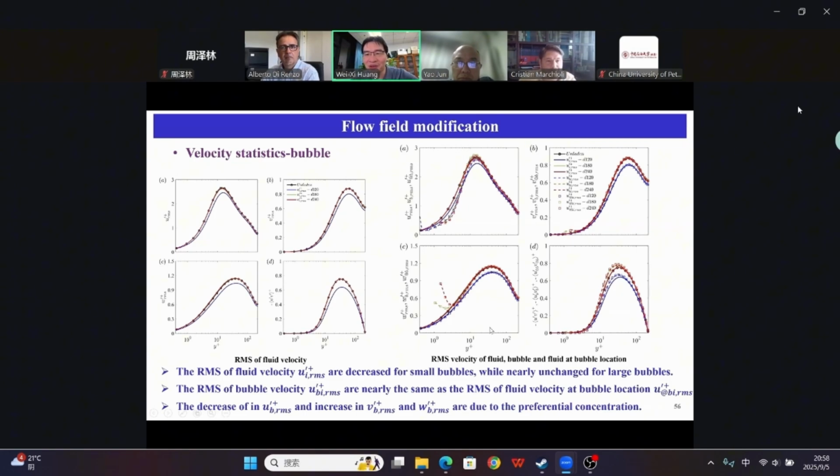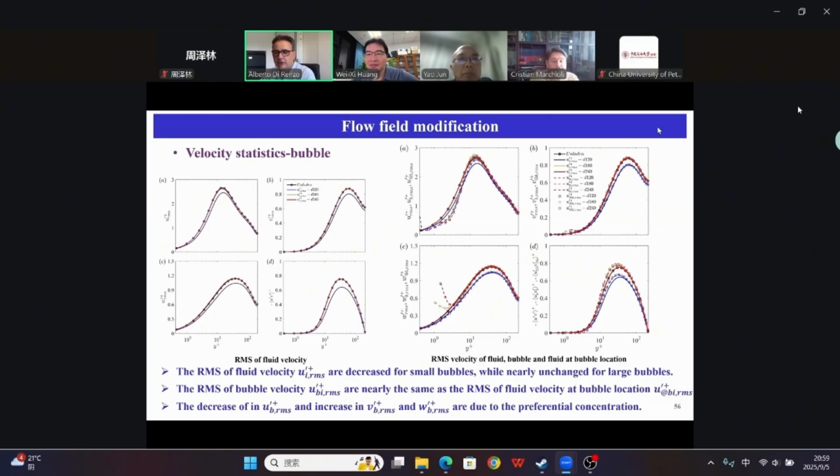The turbulent field is also only very slightly modified by the bubbles. This is so much different from the high Stokes number solid particles. That's very interesting.